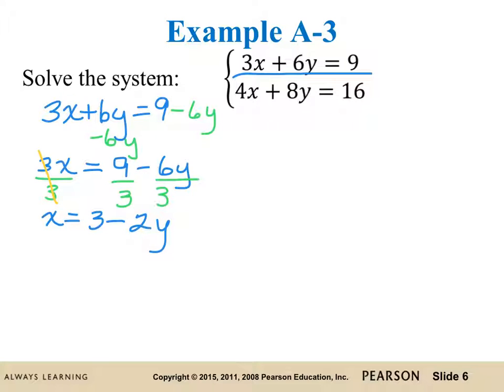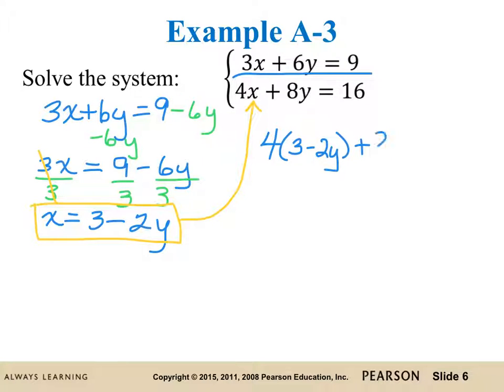That is the expression that I will substitute for x into the second equation. And the second equation is 4 times x, which is 3 minus 2y, plus 8y is equal to 16.